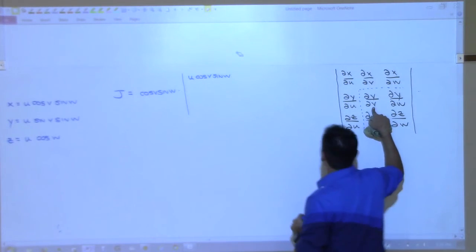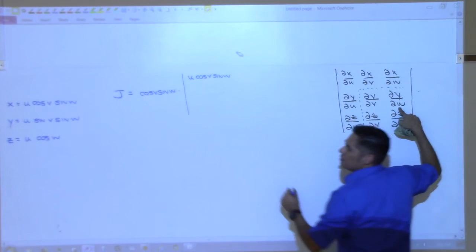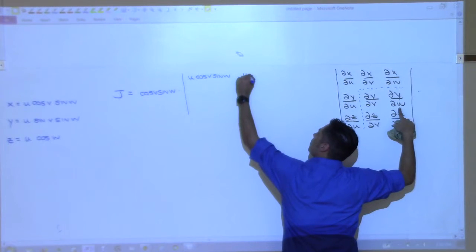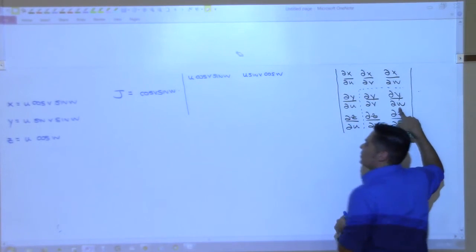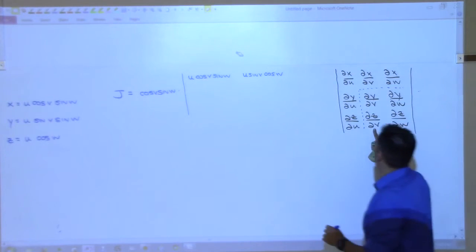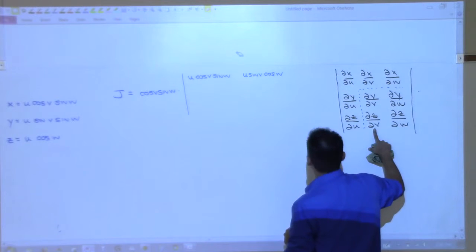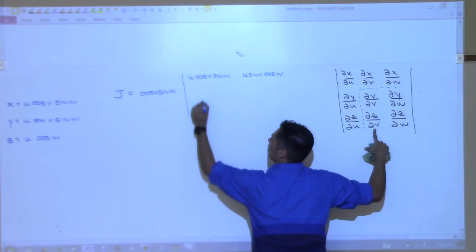Okay, right? And then let's do this one. Partial of y with respect to w: u sine v cosine w. You understand what I'm doing? And then the partial of z with respect to v. There is nothing there, right? There's nothing there. 0.